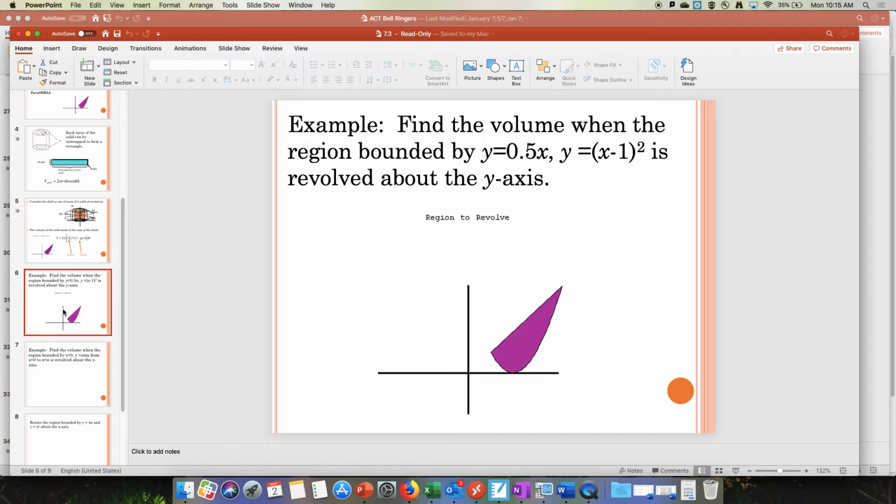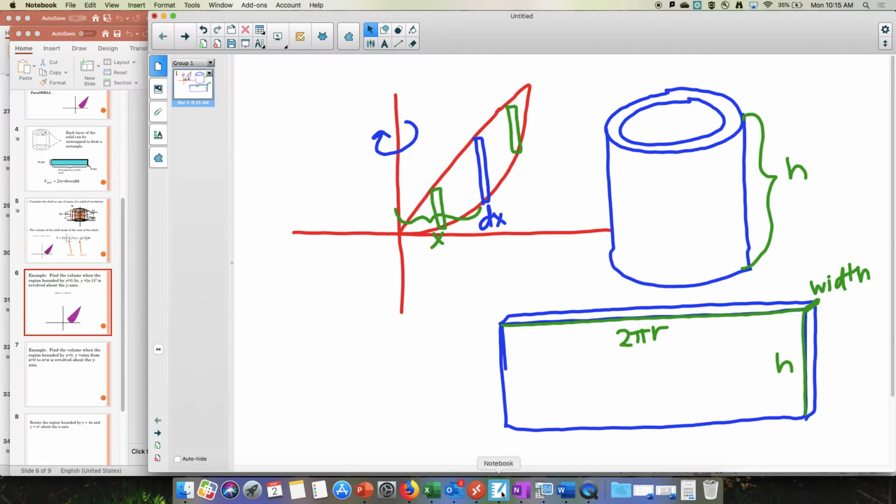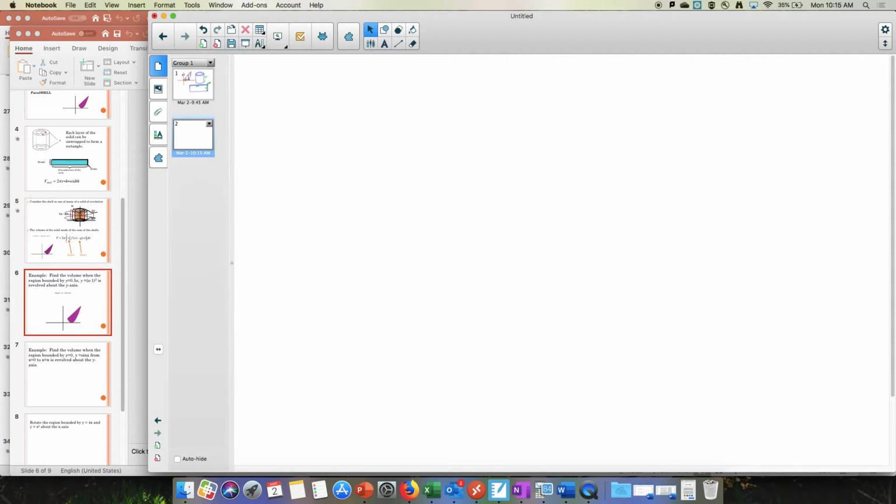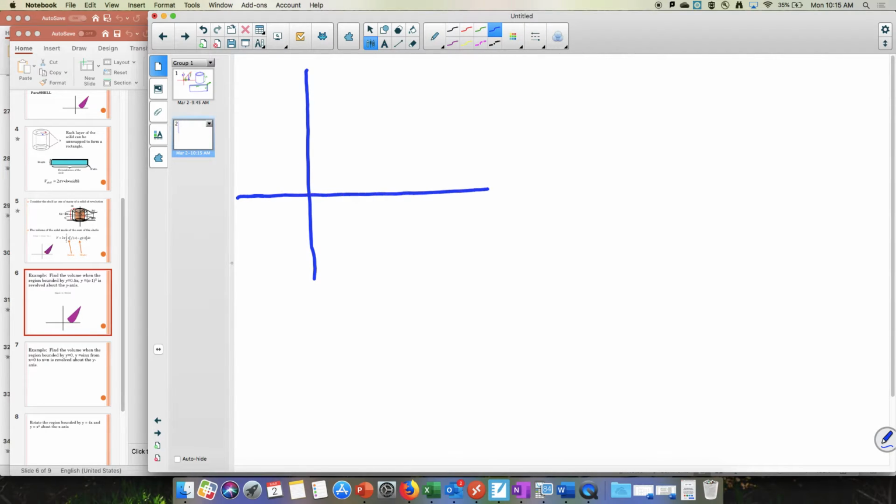And start drawing your picture if you haven't already. So here's the region we're going to rotate around the y-axis.